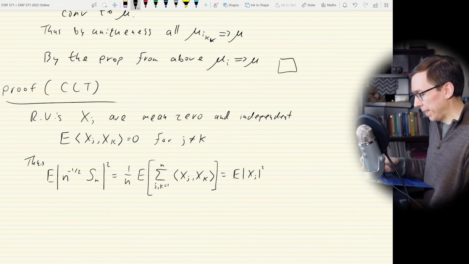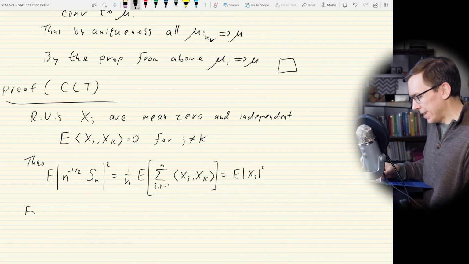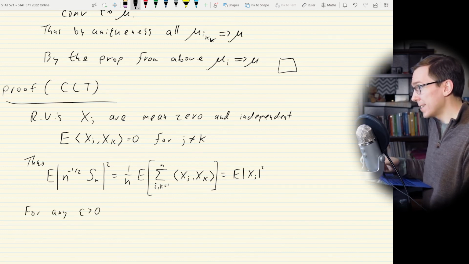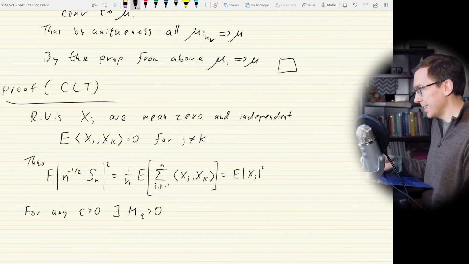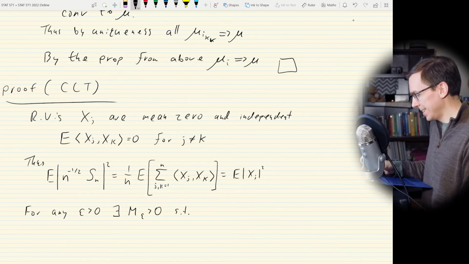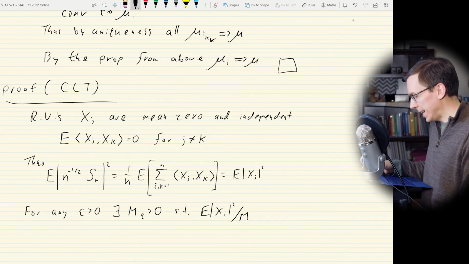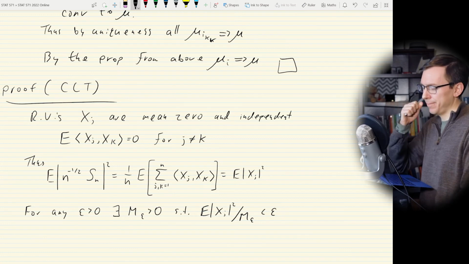So now that we have that, for any epsilon greater than 0, there exists an M_epsilon greater than 0 such that the expected value of the squared Euclidean norm of X_j divided by M_epsilon is less than epsilon.